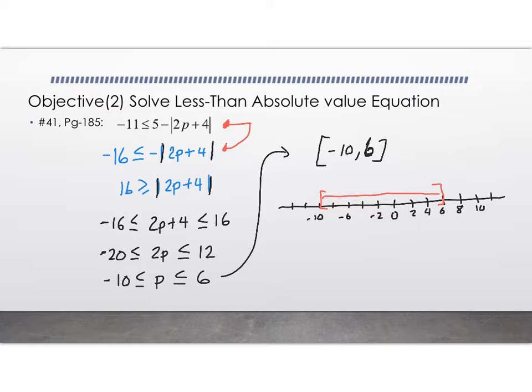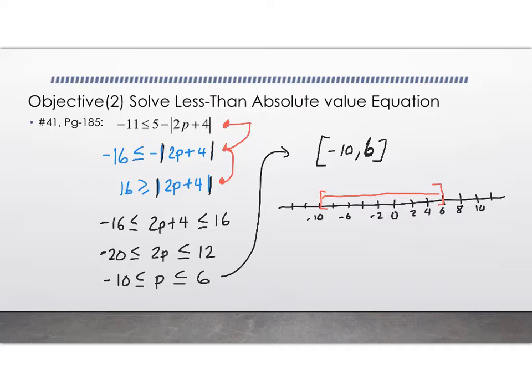Now, we're going to divide both sides of the equation by a negative. When we do that, the sign of the inequality changes, and we get 16 is greater than the absolute value of 2p plus 4.